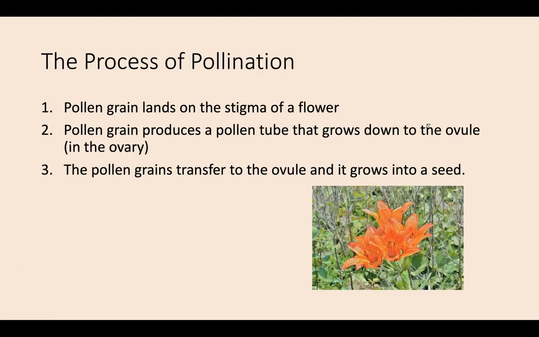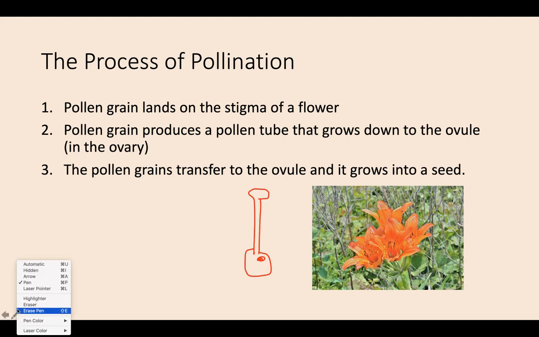So, I'm going to draw this for a sec. If this is my stigma, and it goes down into the ovary, which I'll draw here with the ovule. Then what happens, changing color, the pollen will come in, it'll land on the stigma.